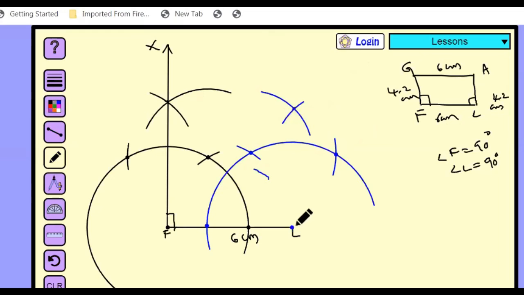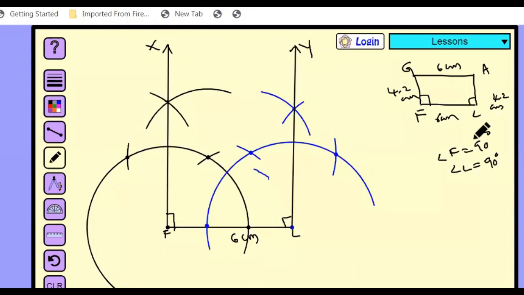Now draw a ray LY with the help of the ruler. Now label the ray LY, angle L as 90 degrees. So now here I have constructed two angles, that is angle F 90 degrees and angle L 90 degrees.